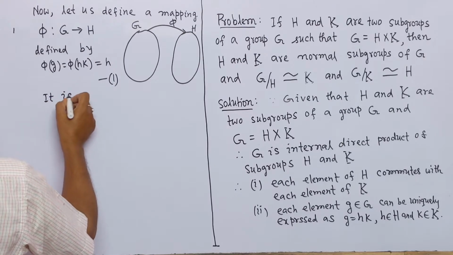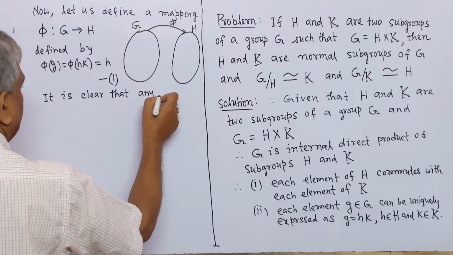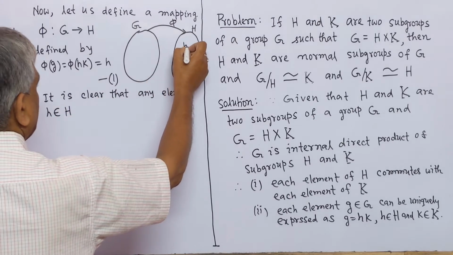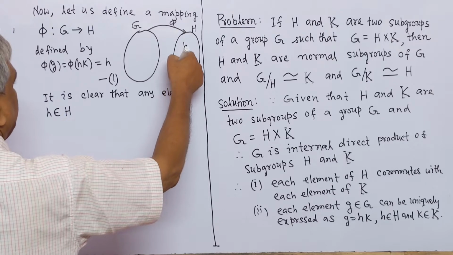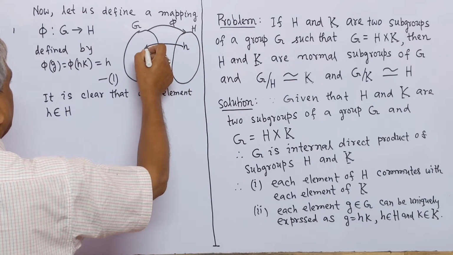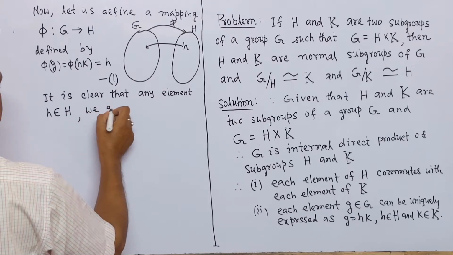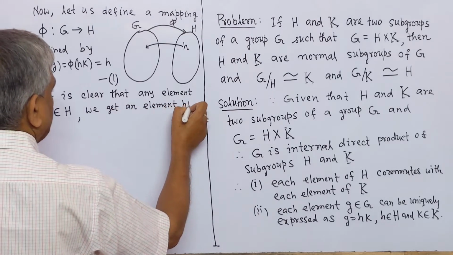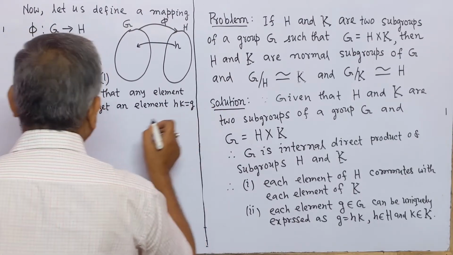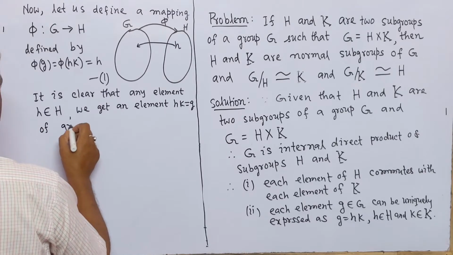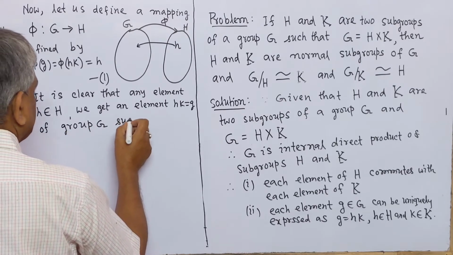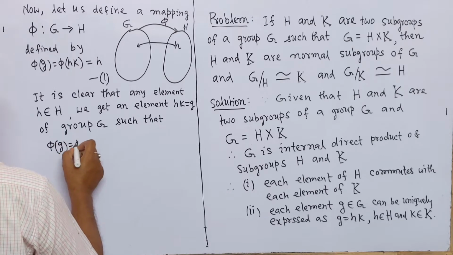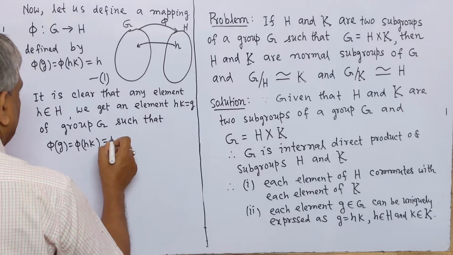It is clear that for any element small h belonging to subgroup H, here small h being an arbitrary element of H, we get an element hk equal to g of group G such that phi(g) equals phi(hk) equals h.